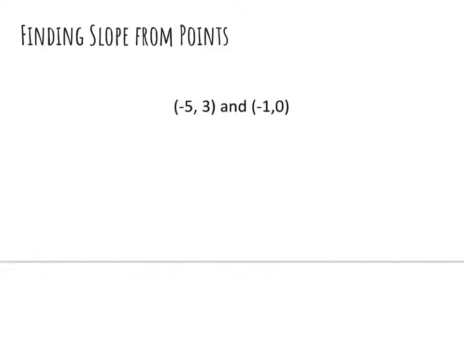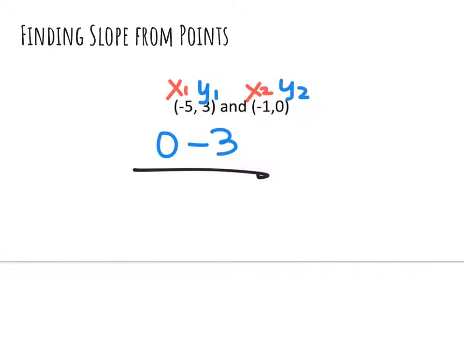All right, we have another set of points we're going to find the slope of. I'm going to go ahead and label my points x1, y1, x2, y2. And we're going to find the slope of our 2 points. 0 minus 3 is the change of my y over negative 1 minus a negative 5.